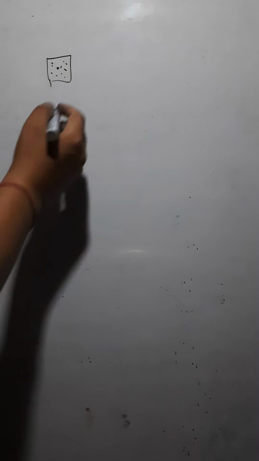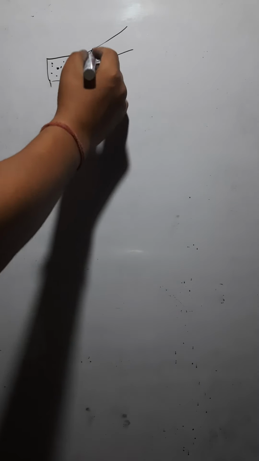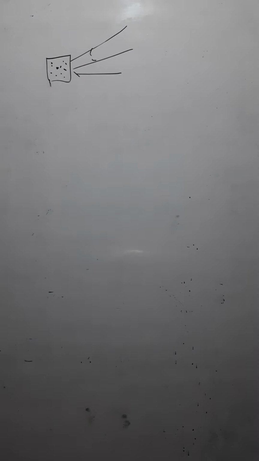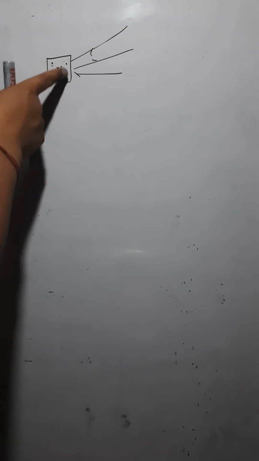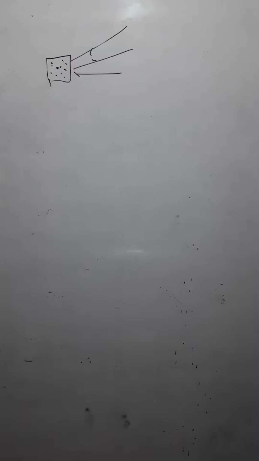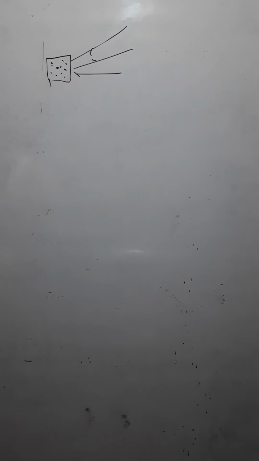Now what would happen when light rays fall on this surface? As air is a bad conductor of heat, this air is not going to absorb the heat. Rather the surface would reflect the heat, so we would feel comfortable inside.